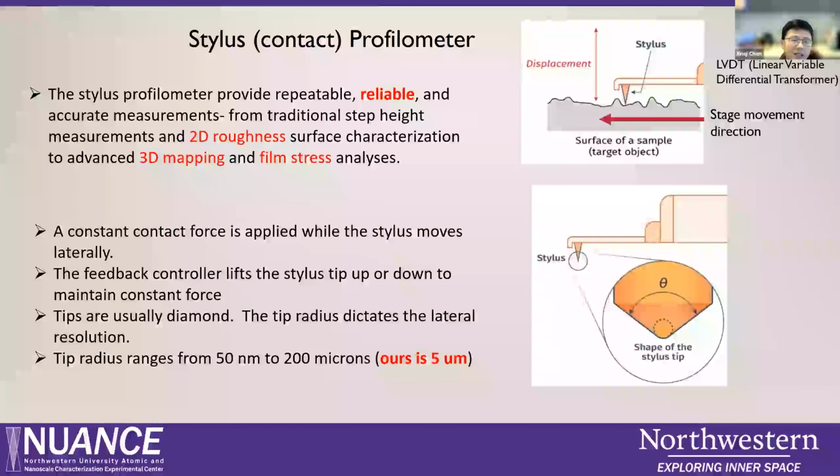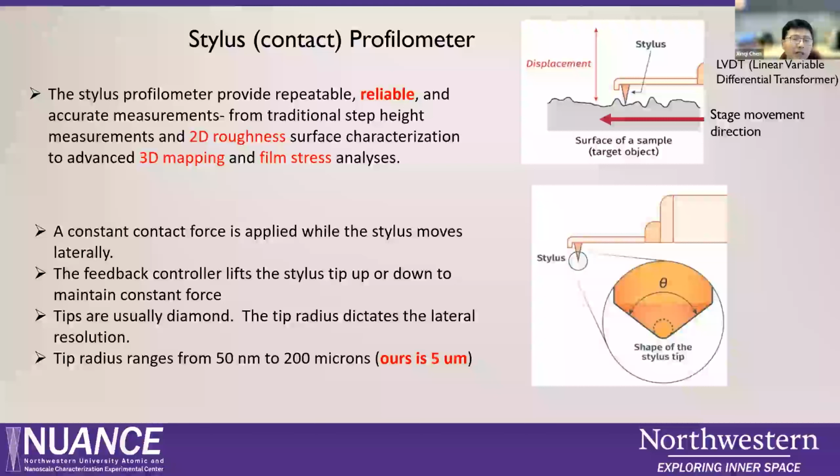On the left, I just show you in general, this tip radius can be from 50 nanometers to 200 microns. But for below 1 micron radius, you have to use a different sensor configuration. Typically, we use more than a micron radius. Our currently installed one is 5 micron.